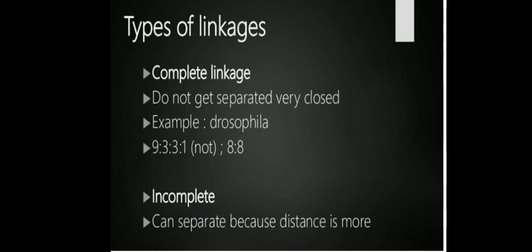Now there are two types of linkages. The first one is complete linkage. Complete linkage means the genes located on the same chromosome remain together and do not undergo independent assortment. They do not get separated, or they remain very close to each other.